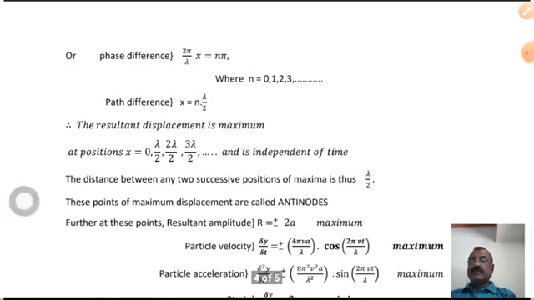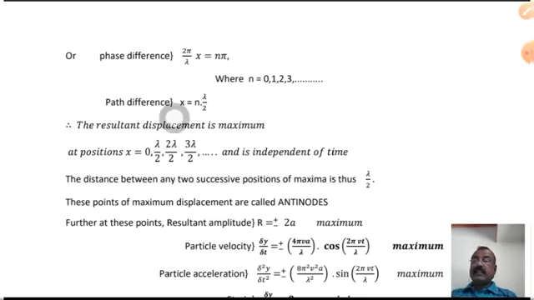Resultant displacement is maximum at that position, where x should be 0 or lambda by 2 or 2 lambda by 2, 3 lambda by 2 and so on.